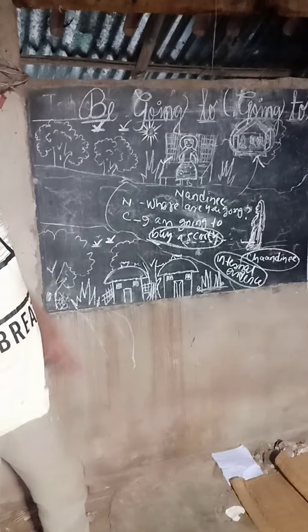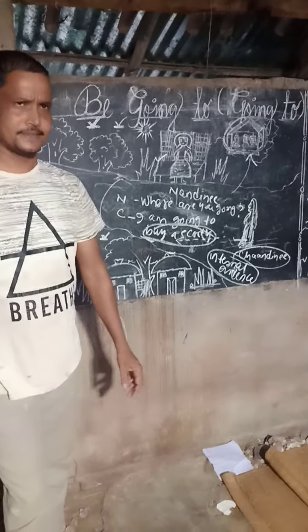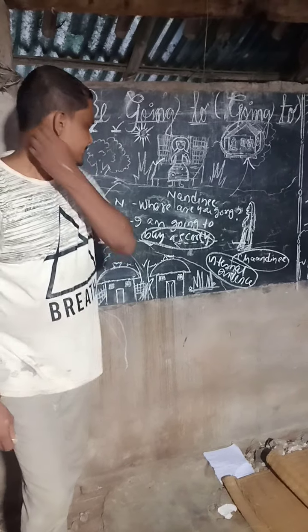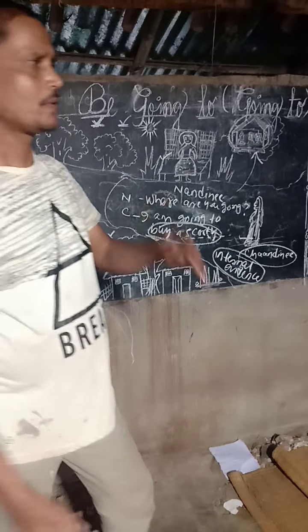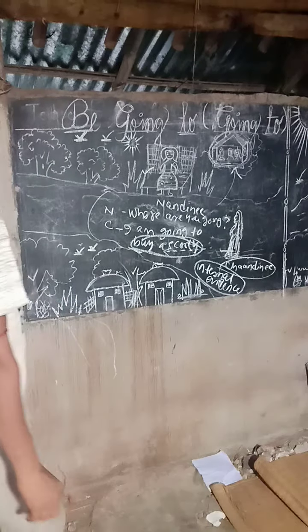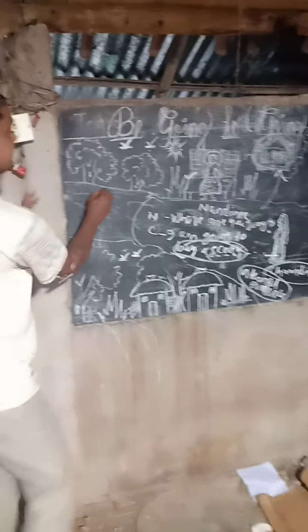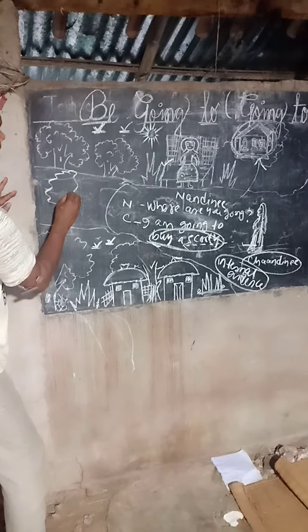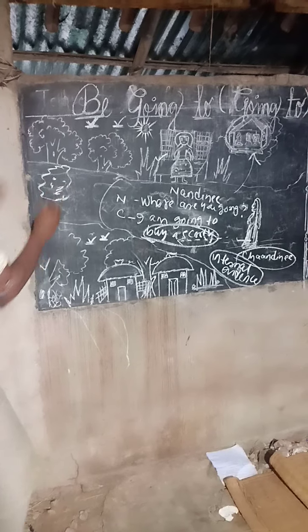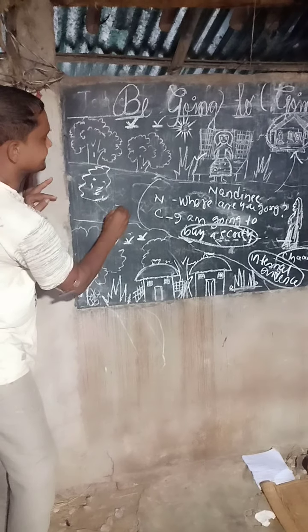Let's proceed towards external evidence. What is external evidence? Perhaps it is the sky and it looks cloudy, and here is a boy.